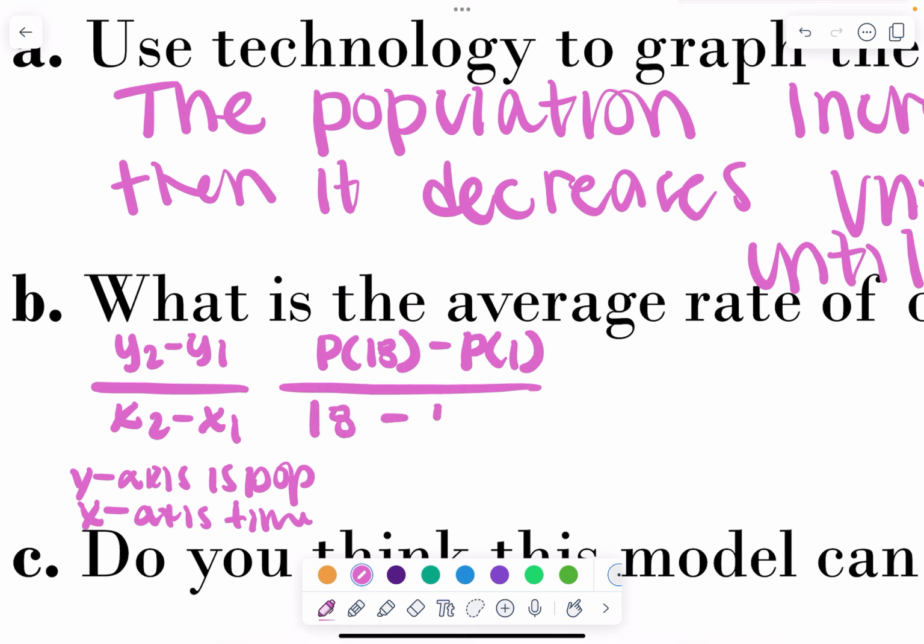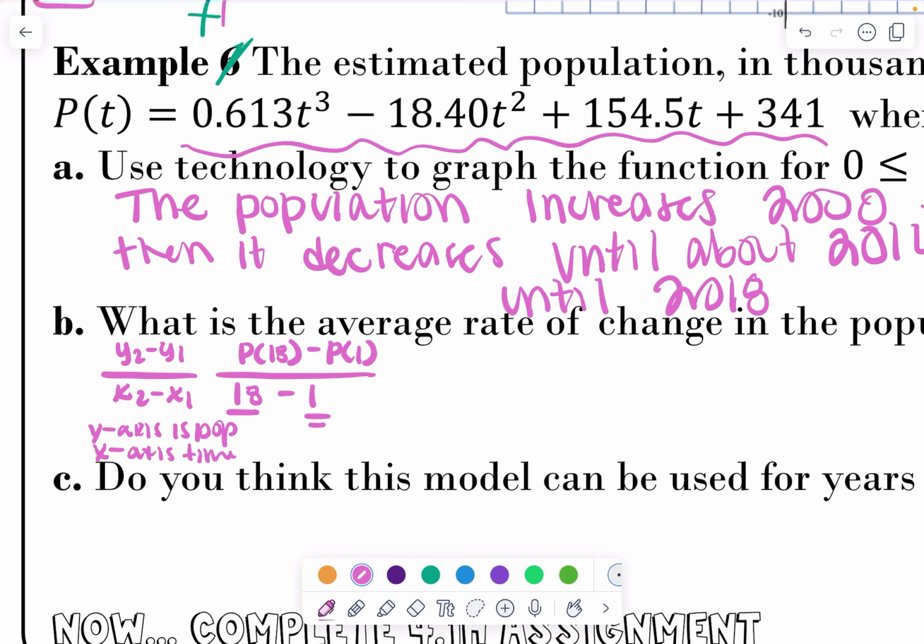So using your calculator, because I have not much time, you're going to take your function right here that you have, P of t. You're going to plug in 18 for t to find the y value, and you're going to subtract from it what I get if I plug in 1 as well. I'm going to pause, type in your calculator, pause the screen, okay?